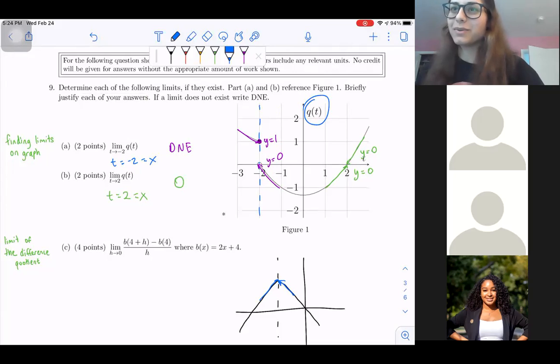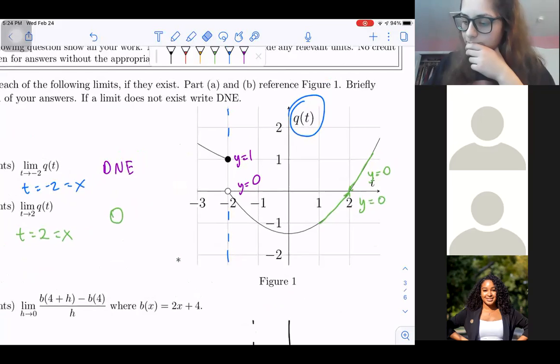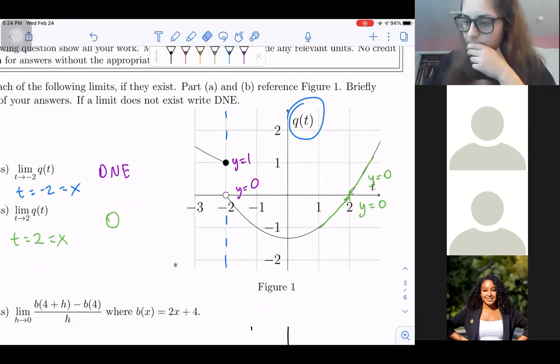At -2, there's the closed circle and that open circle. What if there was a point, say at -2, 2, would that have been the answer to the limit? Like right there.